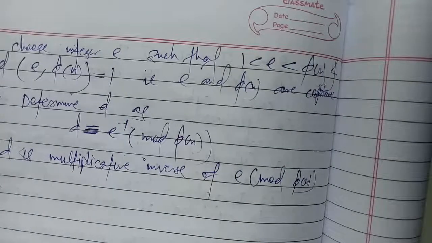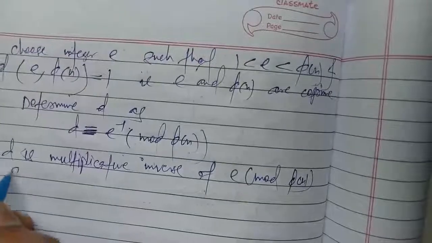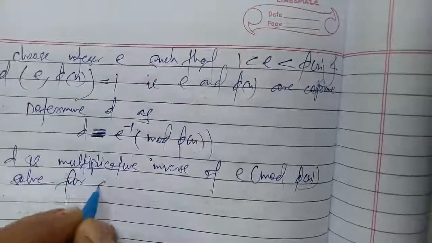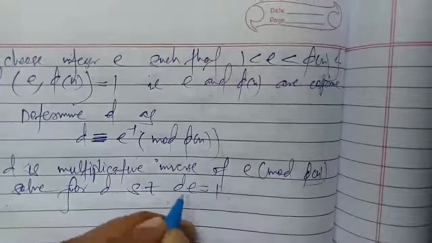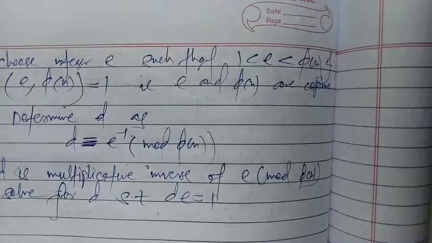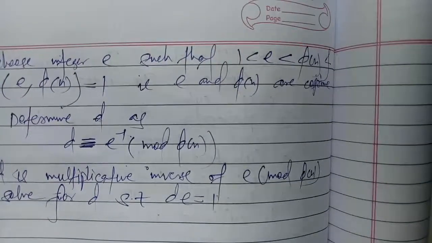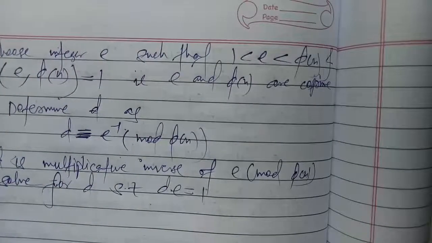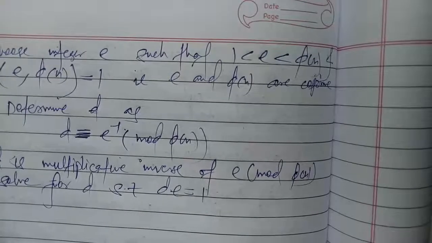Now we have to solve for the value of D such that D times E equals 1, because D is the multiplicative inverse of E, right?